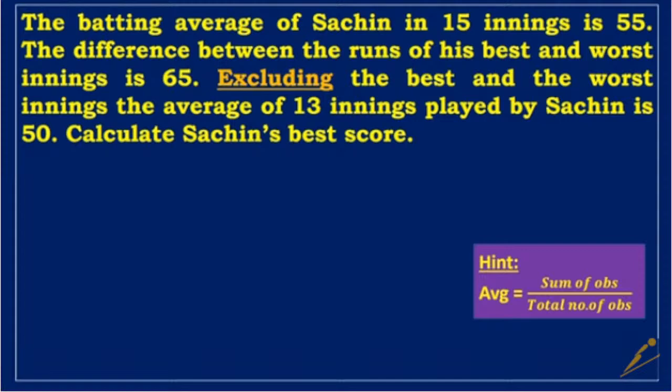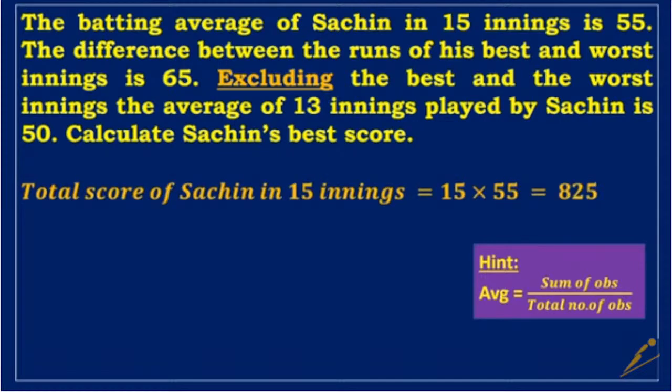Fourth example. The average weight of M boys is 43 kilograms. If the weight of their teacher, who weighs 63 kilograms, is also included, then the average becomes 45 kilograms. Find the value of M. Given that the average weight of M boys is 43 kilograms, we know that if the weight of the teacher is included, the average is increased by 2.